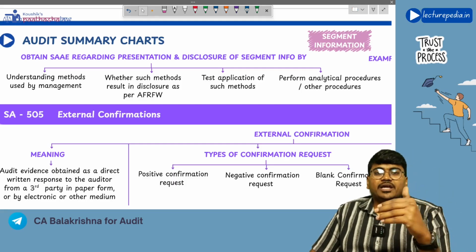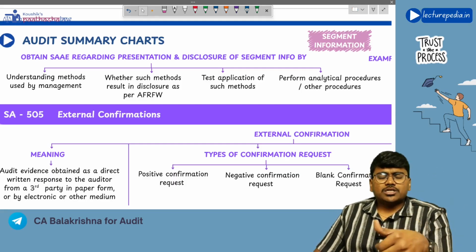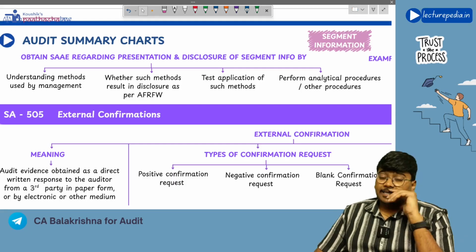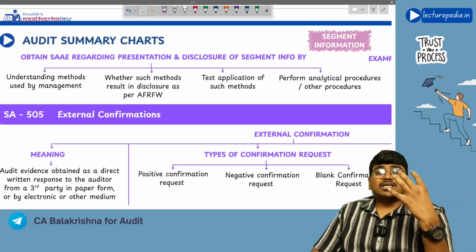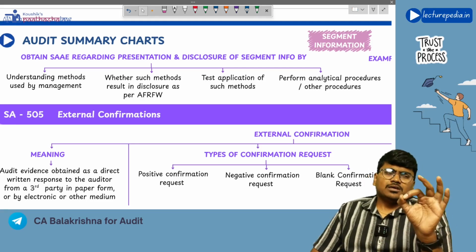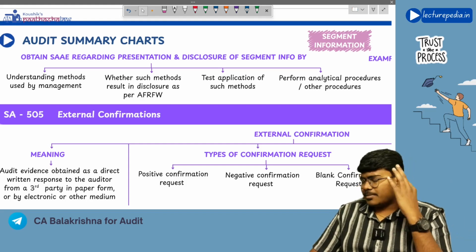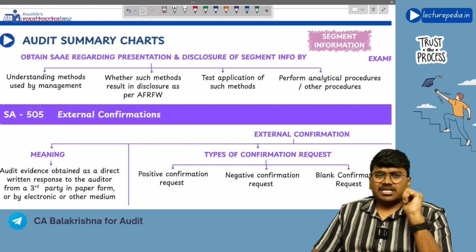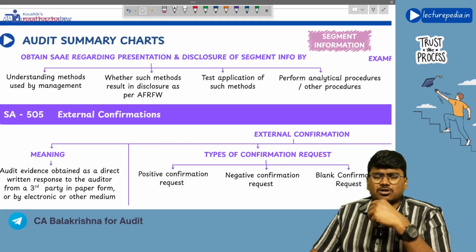Similarly, if the entity is operating in various geographical locations, each geographical location also you can report as a separate segment, right? So with respect to segmentation, whether that is properly presented or disclosed, we are seeing. For the purpose of presentation or disclosure of the segment information, the management will be following a certain method. Whether the method followed by the management is appropriate or not, you will see.